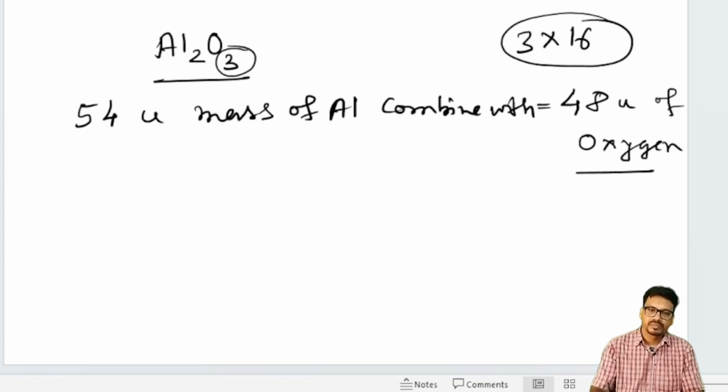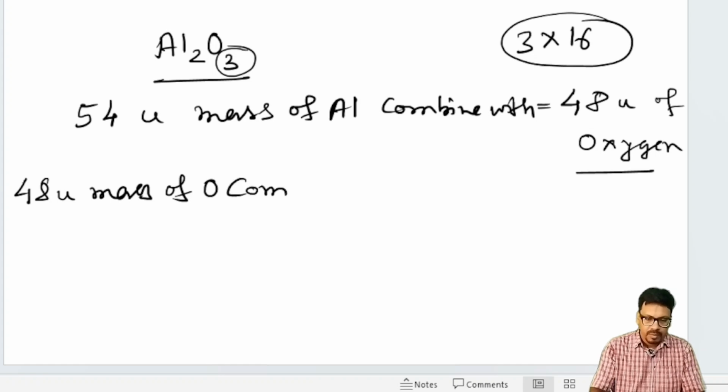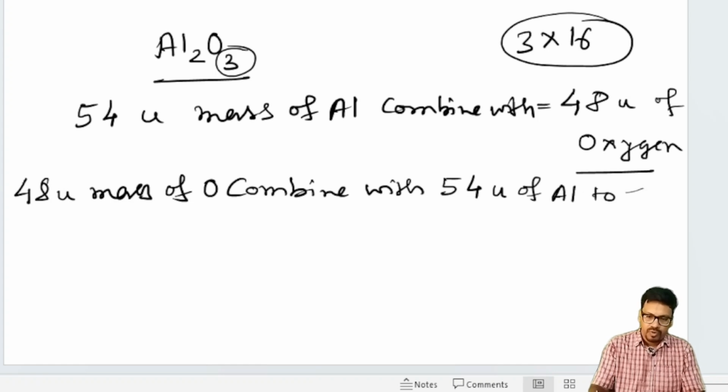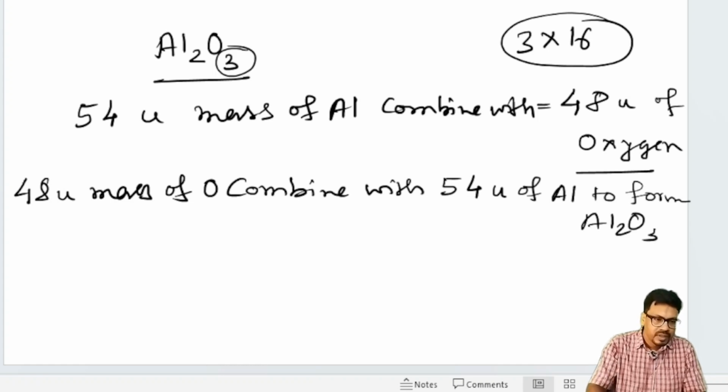Clear? We can also write that 48 U mass of oxygen combined with 54 U of aluminium to form Al2O3. Clear?